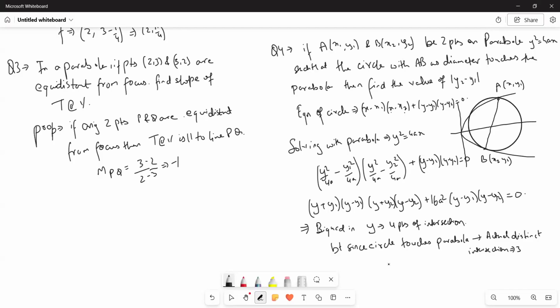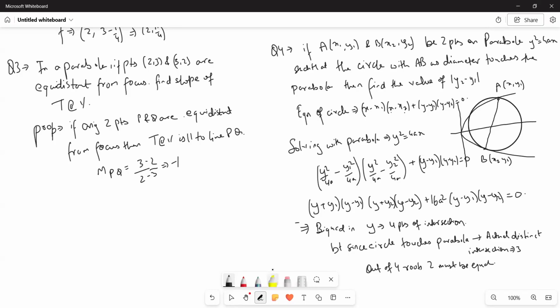So this implies that out of the 4 roots, 2 must be equal. Is this logic clear to everyone? This is the main point in the question.